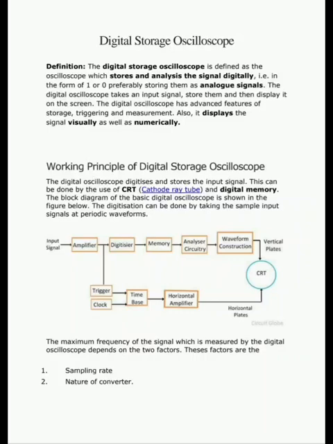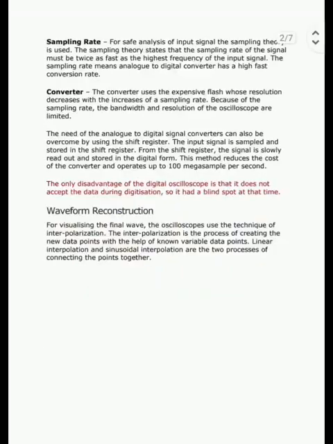The maximum frequency of the signal which is measured by the digital oscilloscope depends on two factors. These factors are sampling rate and the second one is the nature of the converter. Sampling rate. For safe analysis of the input signal, the sampling theory is used.